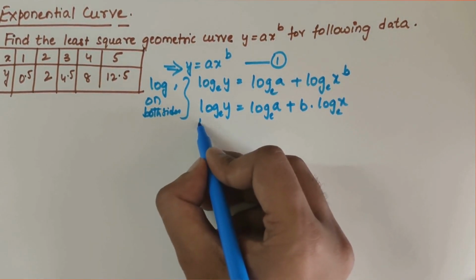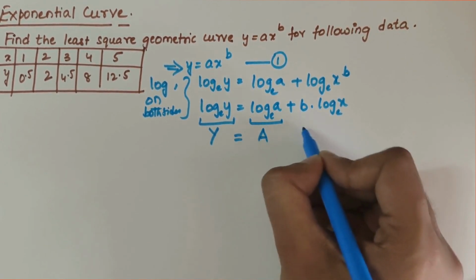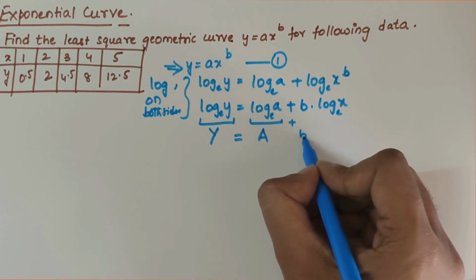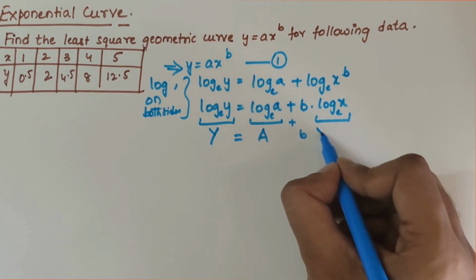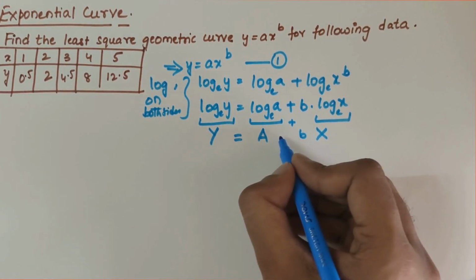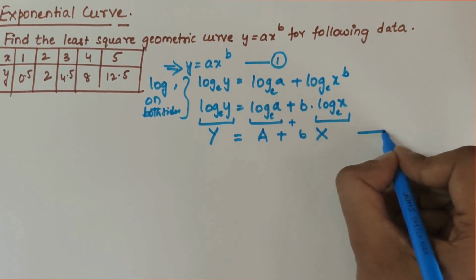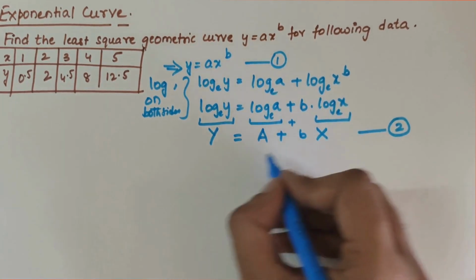Now consider this as capital Y, consider this as capital A, plus b you write it as it is, and this as capital X. So you get an equation capital Y is equal to A plus b into capital X. So this would be our second equation.